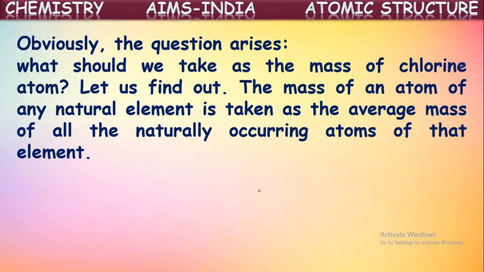Obviously, we may get one doubt here. What should we take as the mass of a chlorine atom? We saw there are two isotopes of chlorine, one with mass 35 units, the other with mass 37 units. So now, to say generally for chlorine, what is the mass of a chlorine atom? Let us find it now.